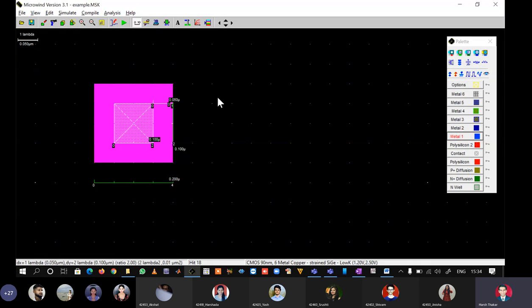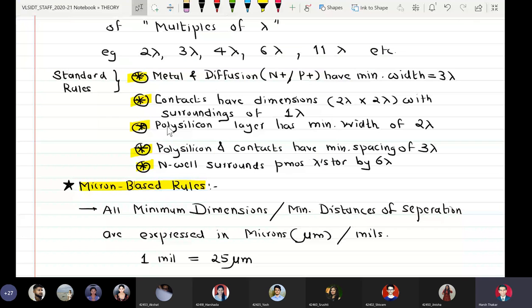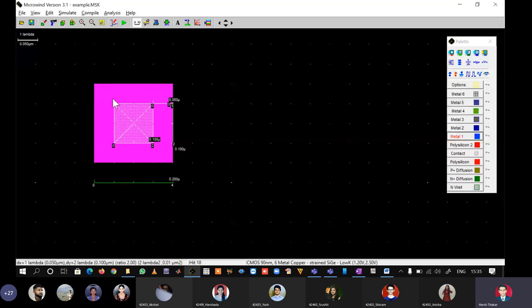So 100 nano is equal to 2 into 50 nano, and lambda is equal to 50 nanometers. You can see the scale: in the scale it is written 1 lambda is 50 nanometer. So 100 nanometer of width and 100 nanometer of height indicates it is 2 lambda. We have justified that contacts have a dimension of 2 lambda by 2 lambda and there are surroundings of 1 lambda each.